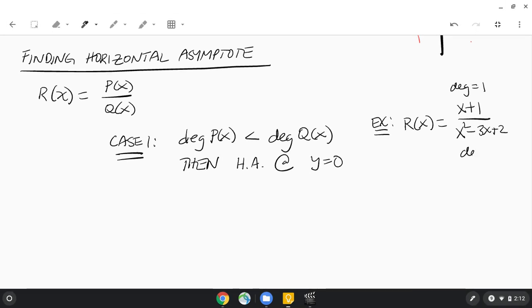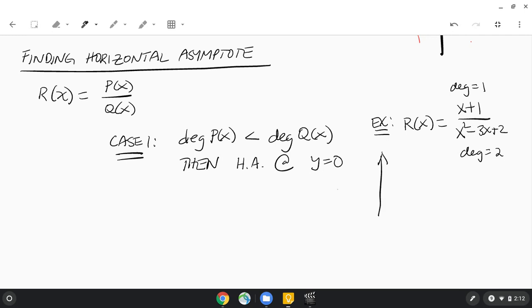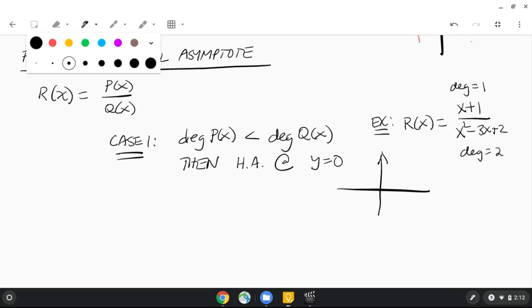The degree on the bottom is 2. So we have this scenario where the degree on top is smaller than the degree on the bottom. Therefore, when I do my graph, I will have a horizontal asymptote at y equals 0, which is that x-axis.